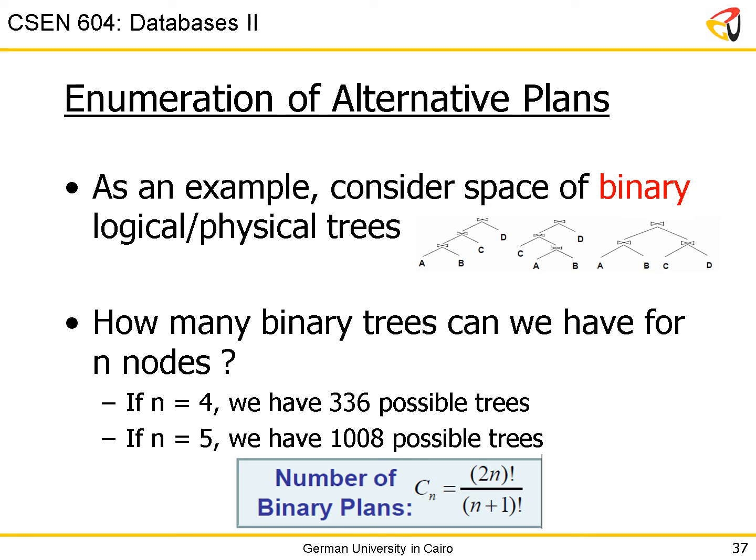If you don't believe me, plug in the number in the formula at the bottom. You should get this from your calculus book, combinatorics and permutations chapter, because this is how many ways we can combine the 4 nodes. What if we have 5? We have 1008 possible trees.